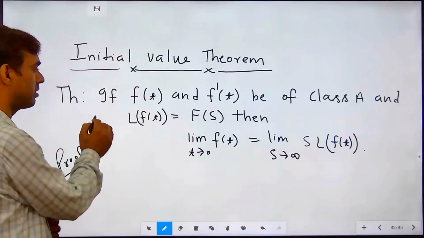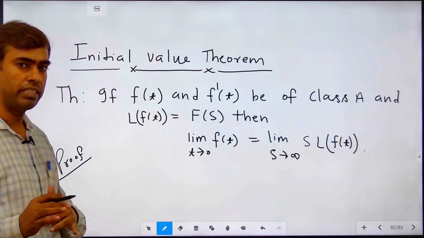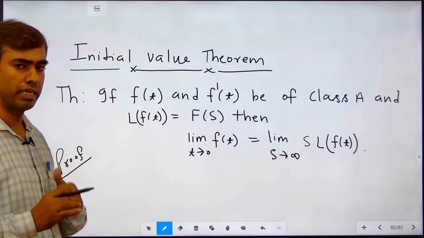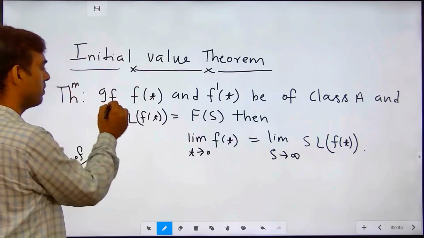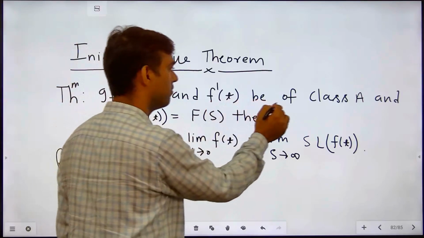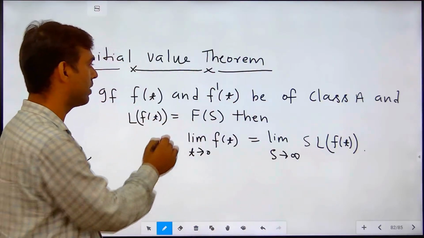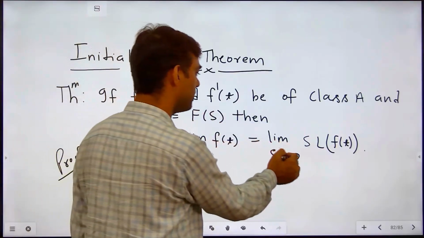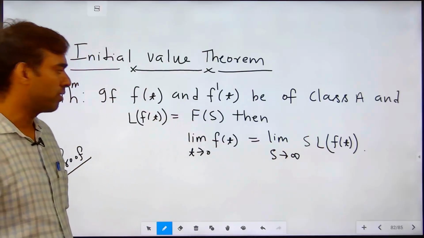Here, as we said earlier, f(t), f dash t, f double dash t are under the category of class A functions. So, that is why here we write: in the theorem, if f(t) and f dash t are of class A and the Laplace transform of f(t) equals F(s), then limit t tends to 0 of f(t) equals limit s tends to infinity of s times the Laplace transform of f(t).